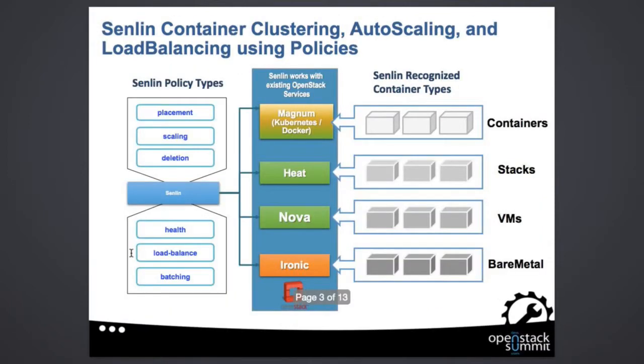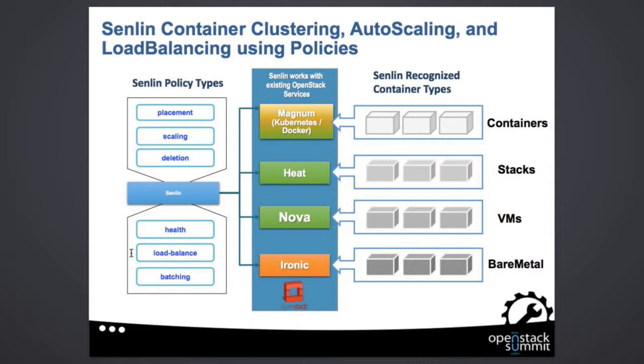This diagram represents the policy types that you see on the left-hand side, which describe the rules that you can use in managing the cluster resources. In particular, placement. You can think of placement as rules for placing specific resources within a data center or an availability zone, et cetera.